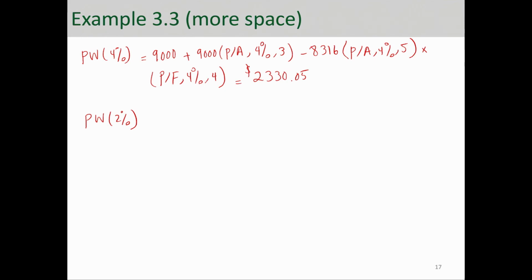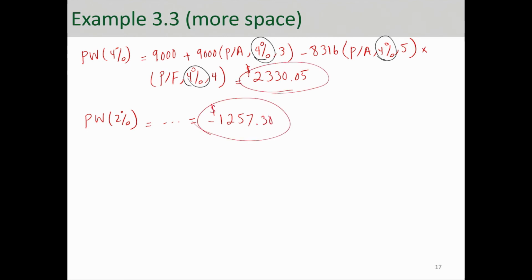And the only difference would be these percentages will be 2%, so different factors, and if you do the calculations, it will give you $1,257.30. So we have a negative present worth and a positive present worth at 2% and 4%. We can do the linear interpolation and find the IRR.